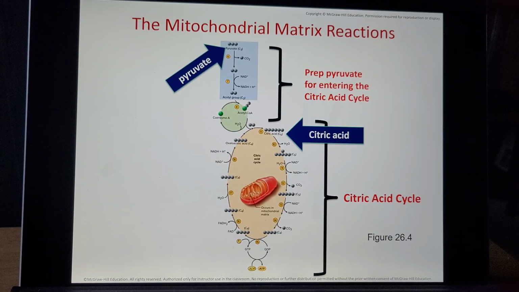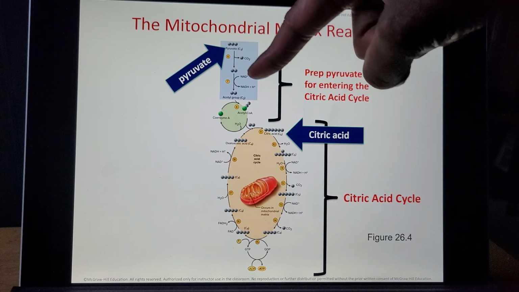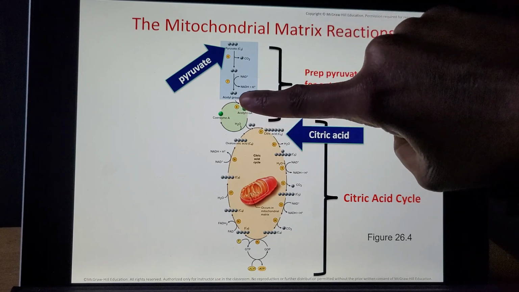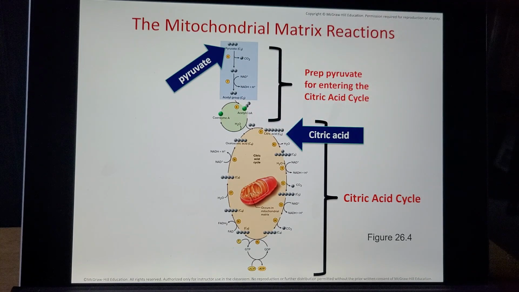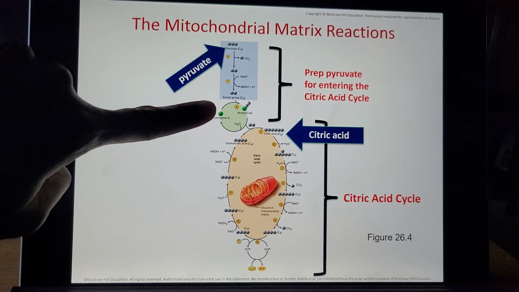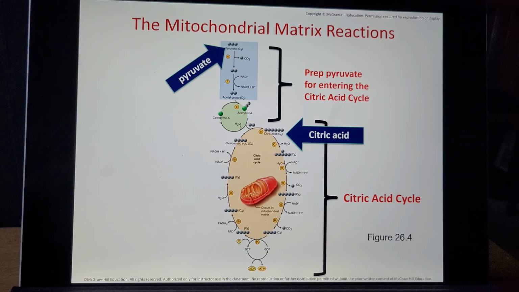Okay, so using the chart of our pathway. Here's our pyruvate. We get down to a 2-carbon molecule called an acetyl group. That acetyl group is going to bind to coenzyme A to form acetyl-CoA.